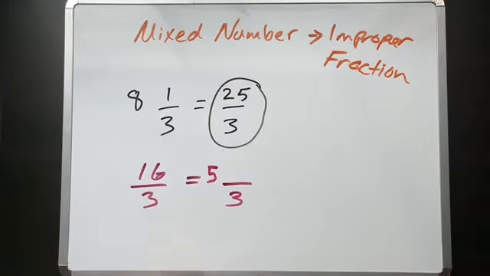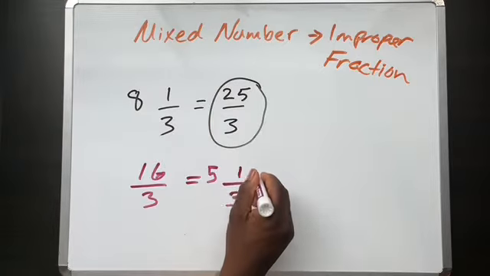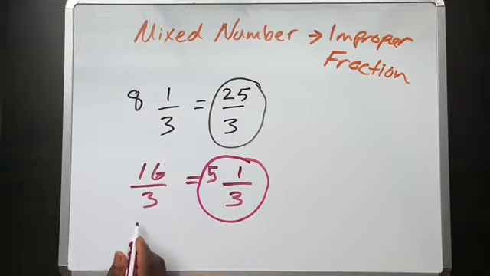So 5 times 3, multiply this whole number times the denominator. 5 times 3 is 15. 15 plus what will give me 16? 15 plus 1. And that is how you go from an improper fraction to a mixed number. Okay?